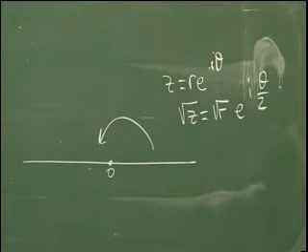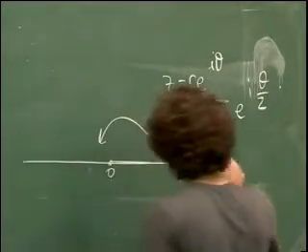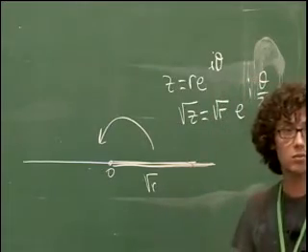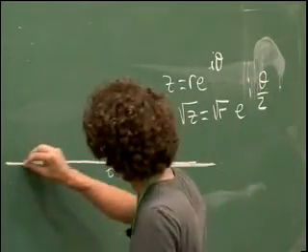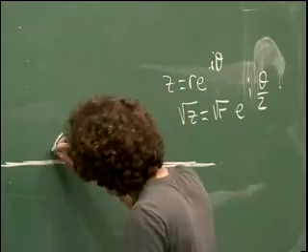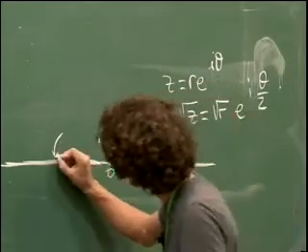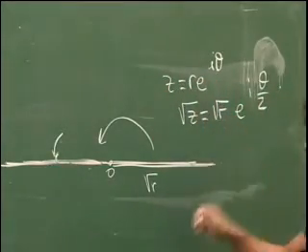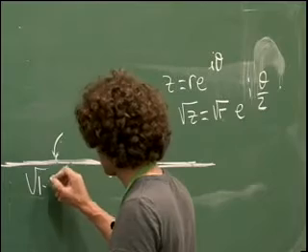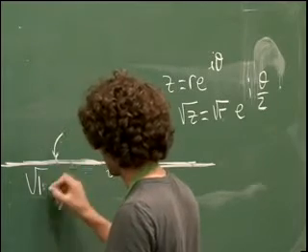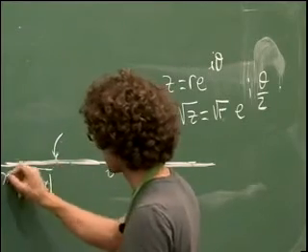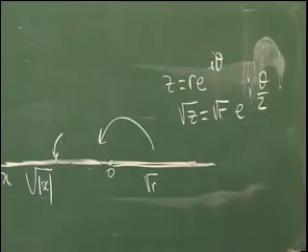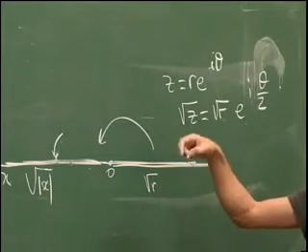So now, what does it do when we are here? The square root here is just square root of r. But when I'm here, imagine that you are going to this boundary, closer and closer. I will get square root of x on this side, times e to the i theta over 2, but theta in this case is pi.